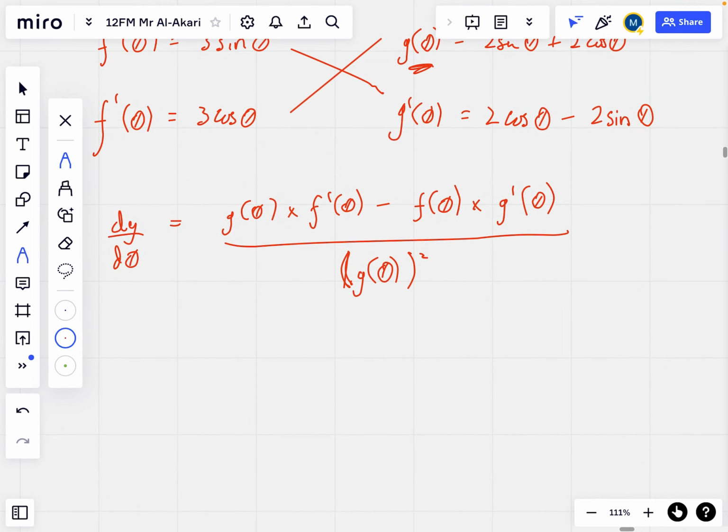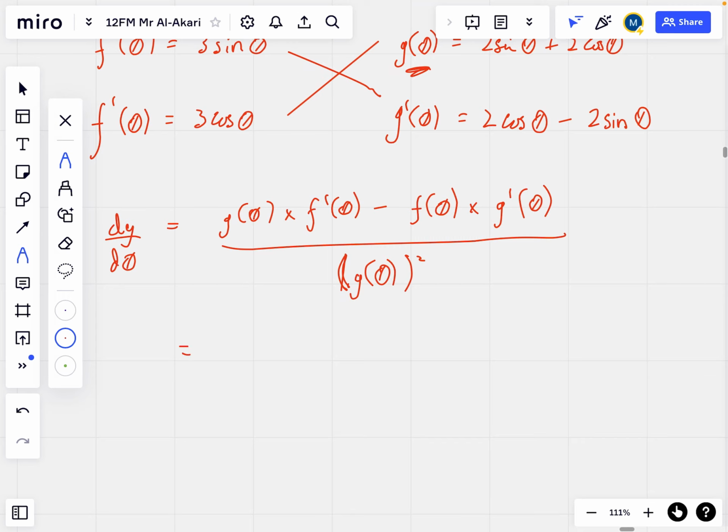So let's plug all these things into the formula. So g of theta is 2 sine theta plus 2 cos theta, multiplied by f dash theta, which is 3 cos theta.